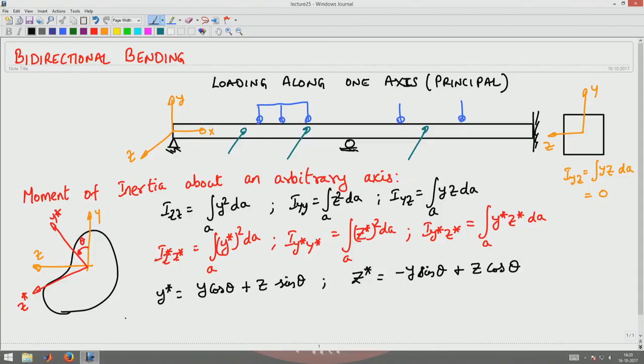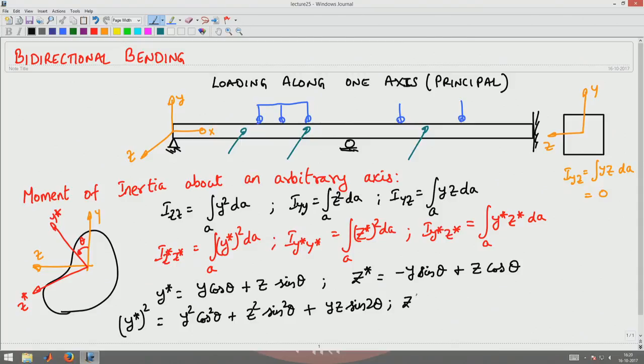Then what do I get? I have to find y star squared, that will be y square cos square theta plus z square sin square theta plus yz sin 2 theta, that is 2 yz cos theta sin theta is yz sin 2 theta. Okay.